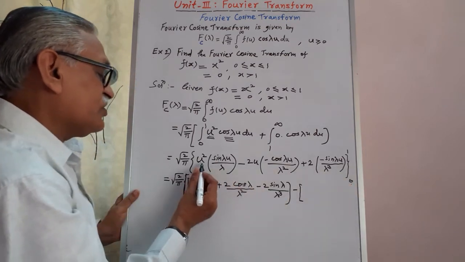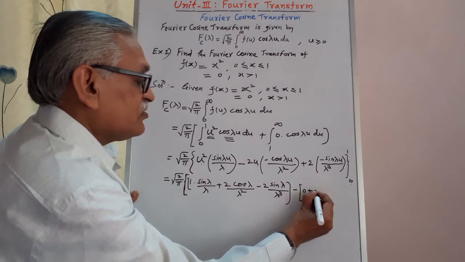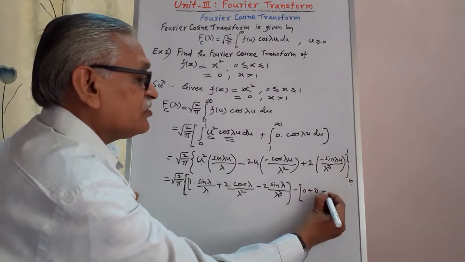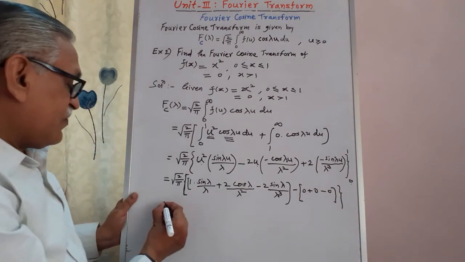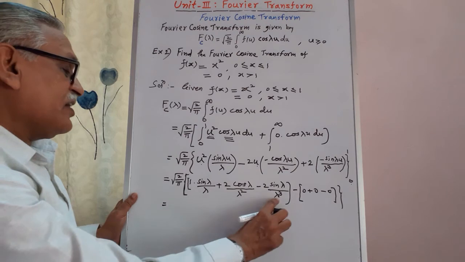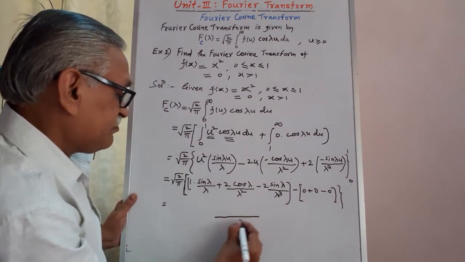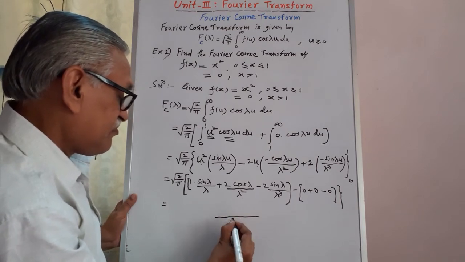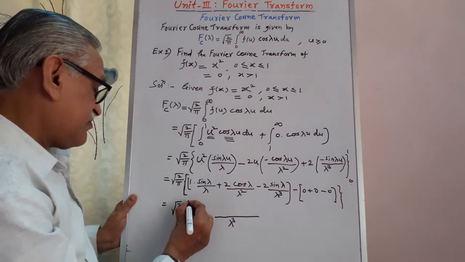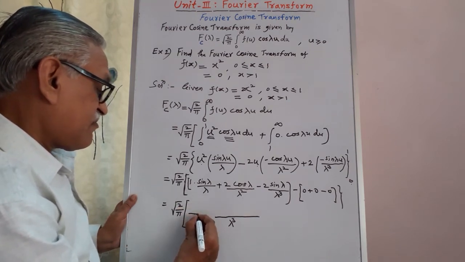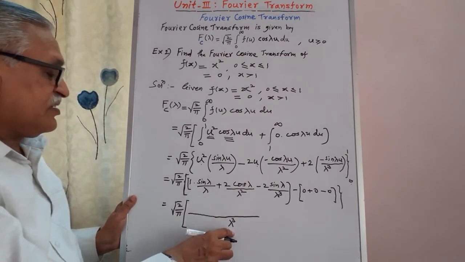Lower limit for u as 0, this term becomes 0, this term becomes 0, therefore 0, 0, sin 0, 0. And then simplifying it by finding the LCM of lambda, lambda square and lambda cube as lambda cube. Root 2 by pi as it is. Dividing by lambda we get lambda square remains.